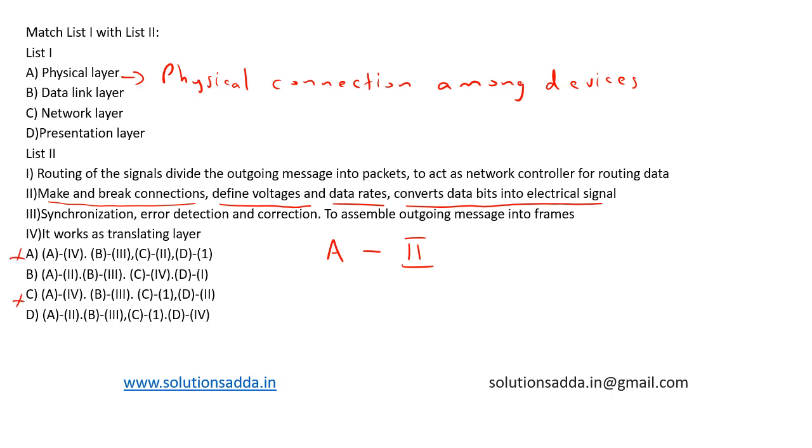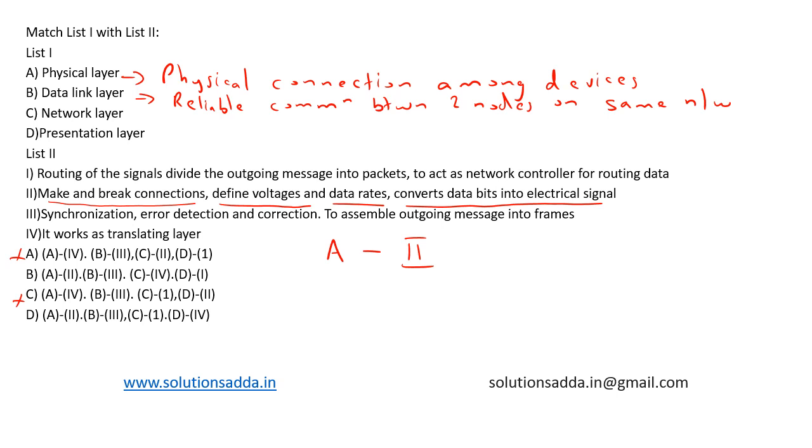Now data link layer. Data link layer is responsible for providing reliable communication between two nodes on the same physical network. So reliable communication between two nodes on same network.